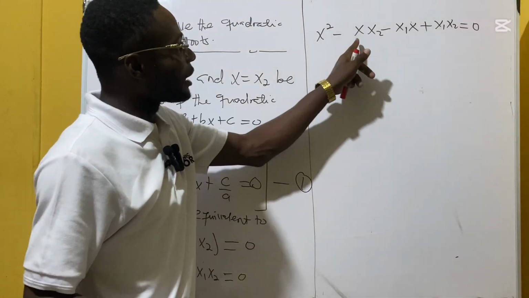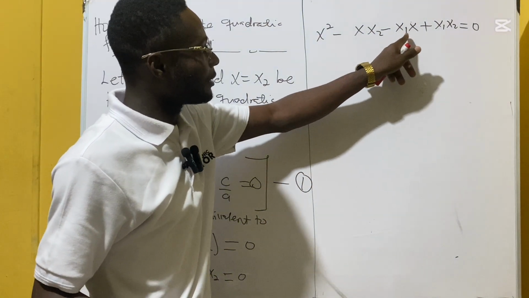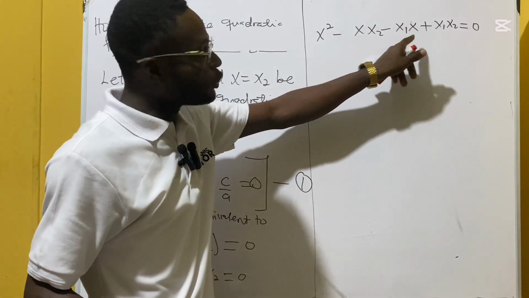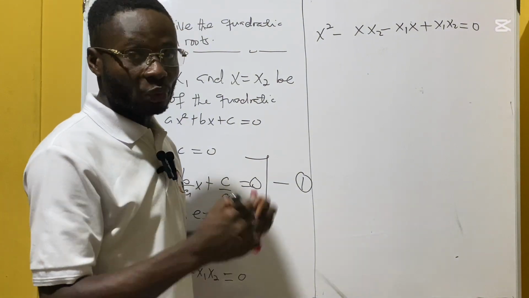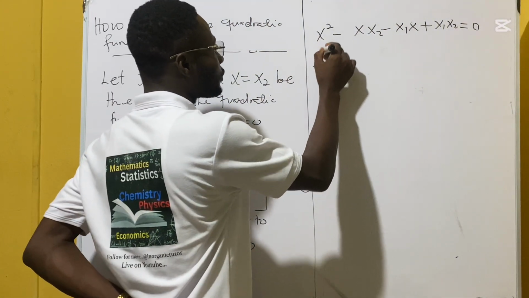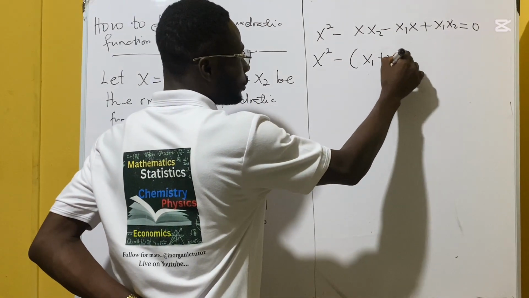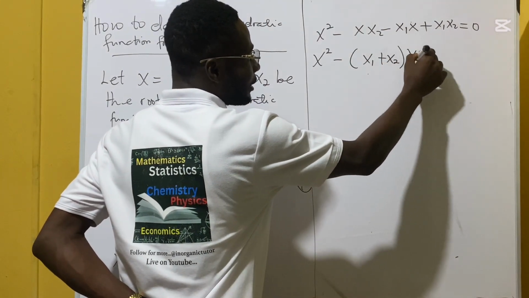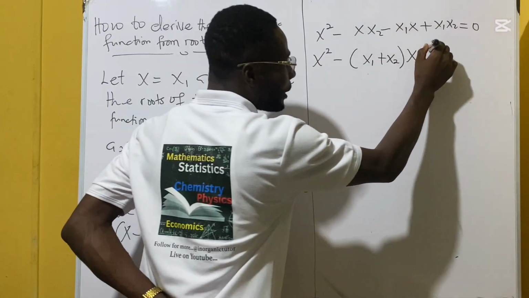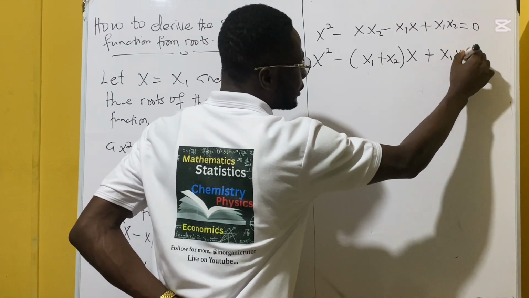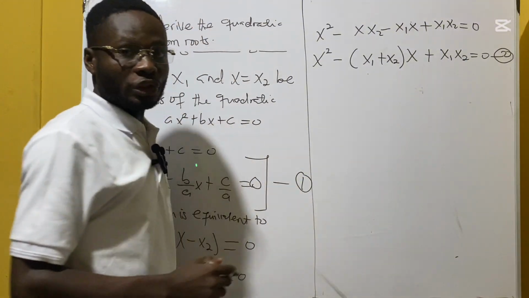From here we can see that we have common terms, x2 x and x1 x. So we can factor x out to have x1 and x2 inside a bracket. So here we have x squared minus (x1 plus x2) multiplied by x, plus x1 x2 equals 0. When we expand this, we get back to the earlier form. We call this equation 2.